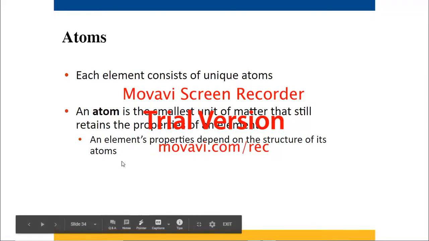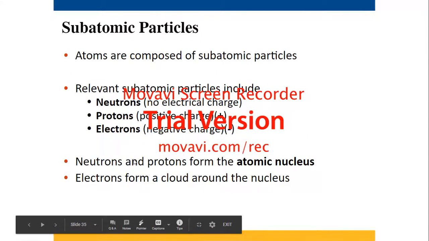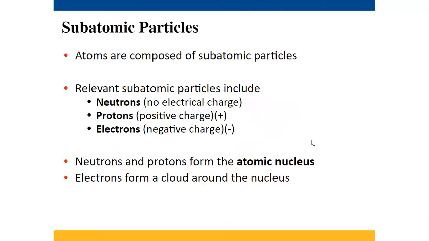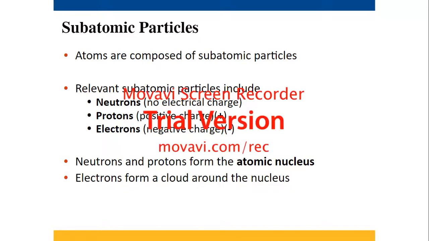But let's talk about the subatomic particles that make up the atom. So the atom has a nucleus, okay? And inside that nucleus, you have neutrons that have no charge and protons that are positively charged. The atomic number depends on the number of protons.